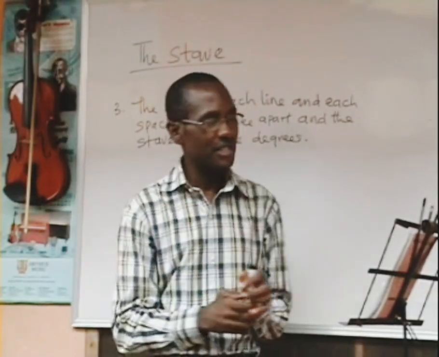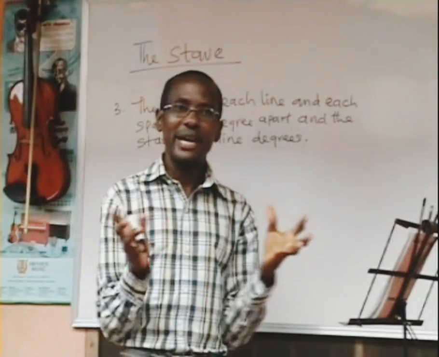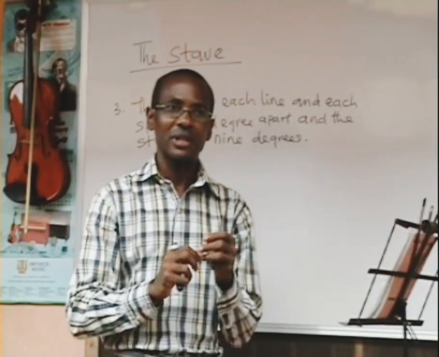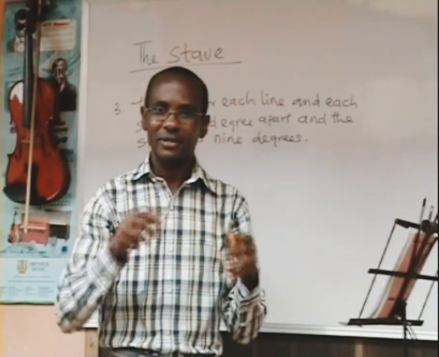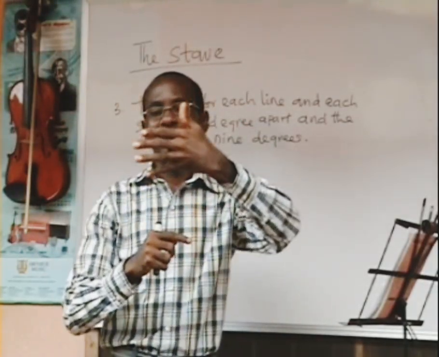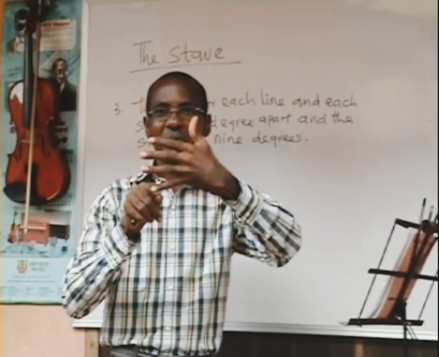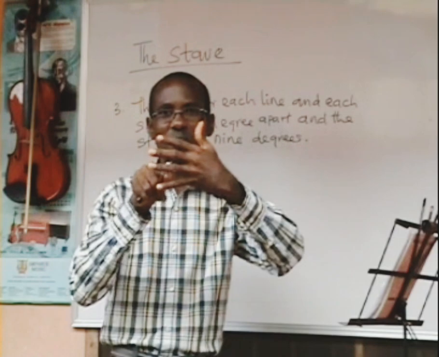That means if you start from line number 1 and you make a movement in sounds and get to space number 1 from line 1, look at my hands, my fingers now. Line 1, and you make a move and get to space 1.